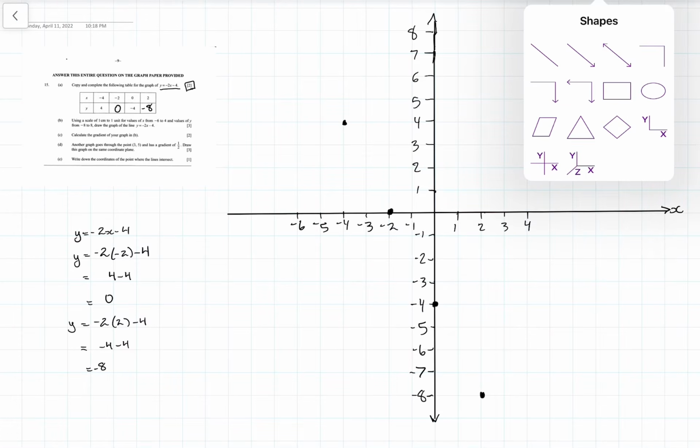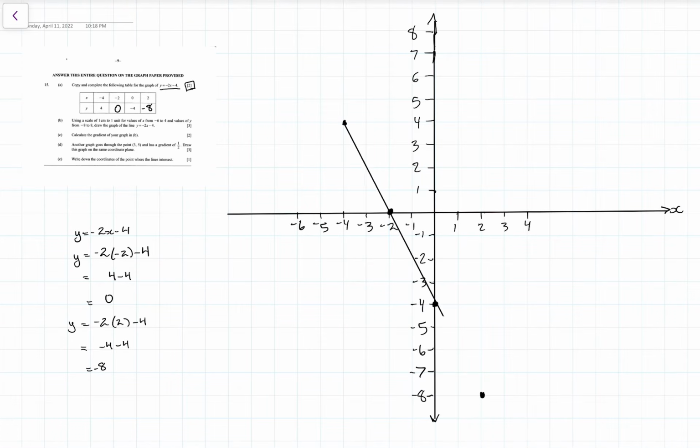And it did say to draw the graph, which means that we have to connect these points. And you can extend it as long as you want. So that's my line right there, and I'm going to label the line like I usually do. And this is the line or the graph of y equals negative 2x minus 4. So we just got our extra 3 points, so we have 5 points already.